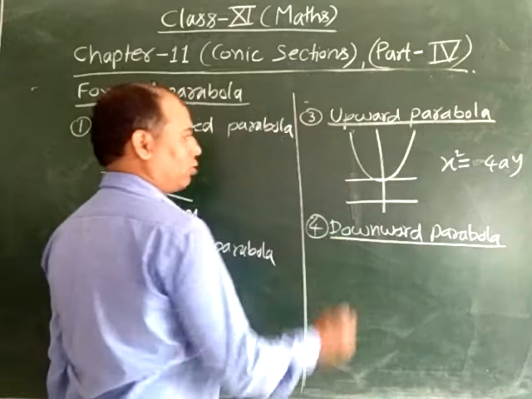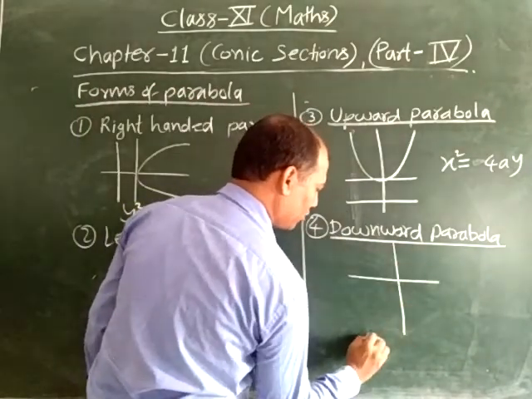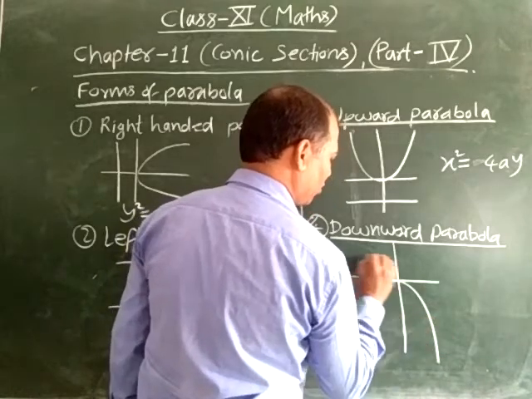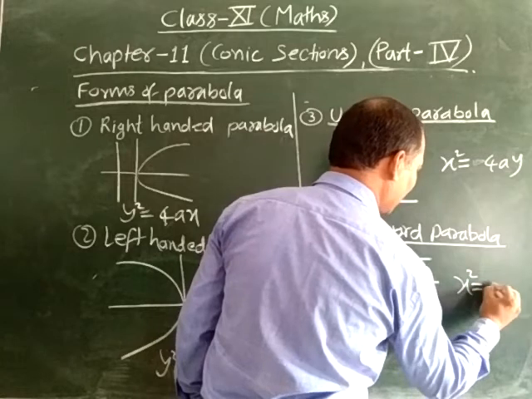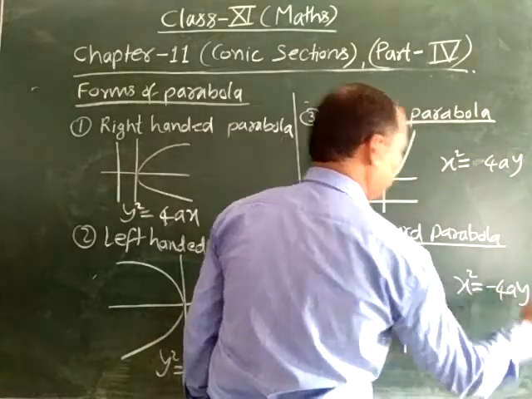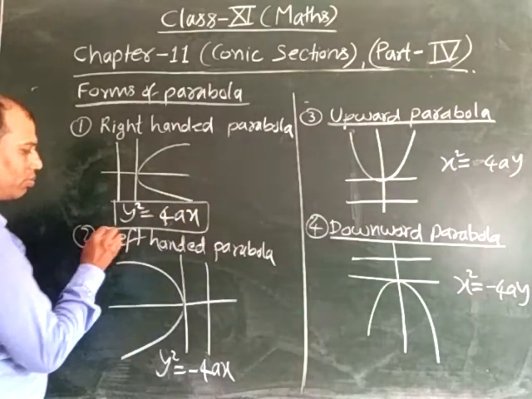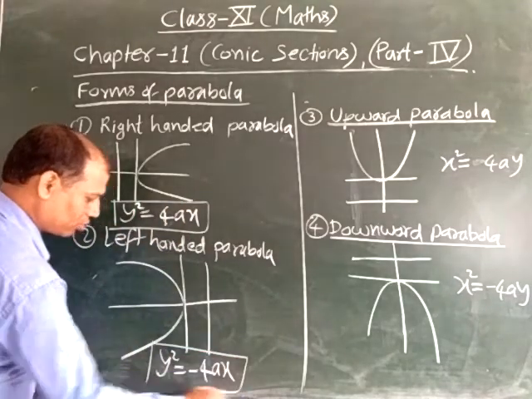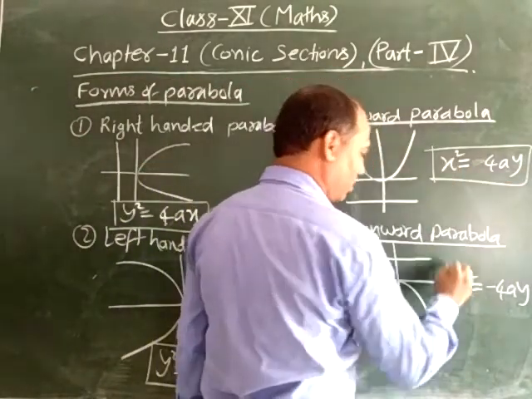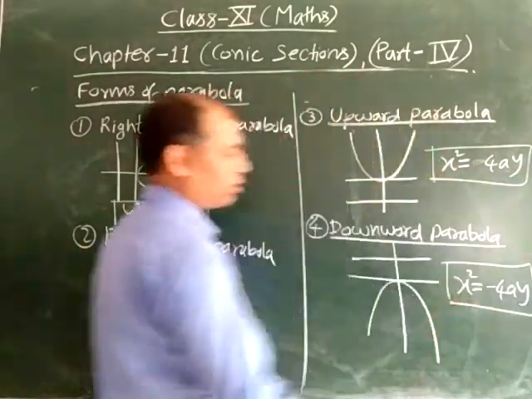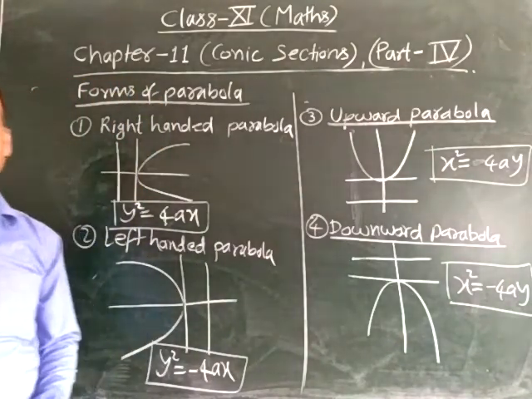In the downward parabola, the parabola opens to the downward side. Such a figure is known as a downward parabola, and the equation of this is x square equal to minus 4ay. This is the equation y square equal to 4ax. This is the equation y square equal to minus 4ax. This is the equation x square equal to 4ay, and this is the equation x square equal to minus 4ay. So these are the four forms of the parabola.